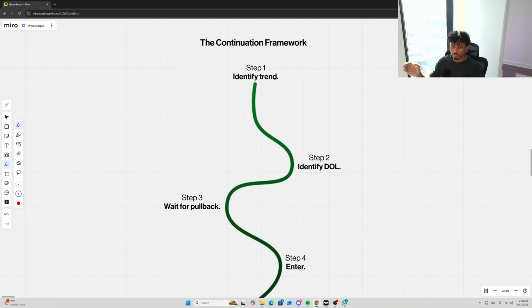Now, what does this specifically mean? For every 4-hour candle close, we get an hourly close as well. We also get a 15-minute candle close and a 5-minute candle close and a 1-minute candle closure as well.